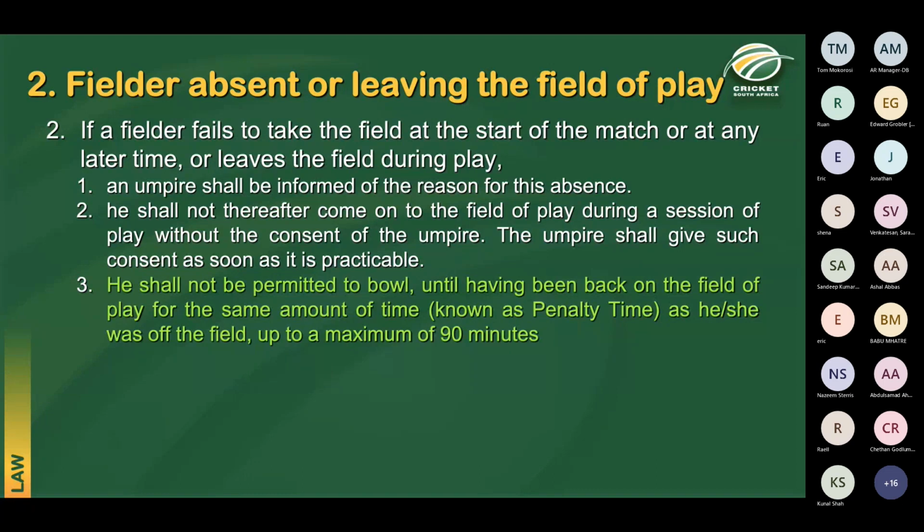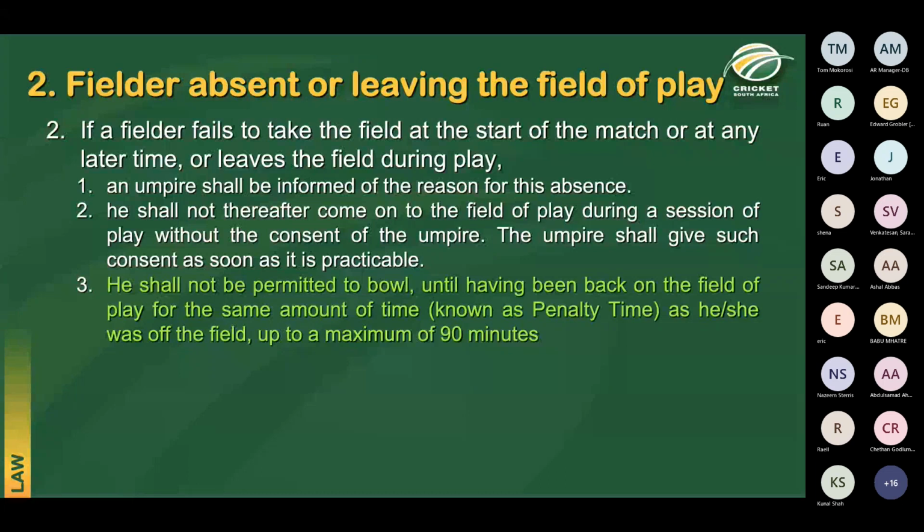So let's just make an easy example. Play begins in a 5-day test match at 10 a.m. as scheduled, and the opening bowler in his third over pulls up with a tight hamstring and leaves the field at 10:20, gets treatment and is back on the field at 10:50.